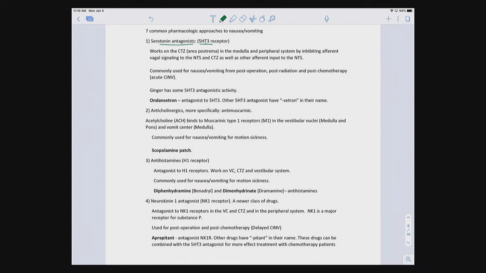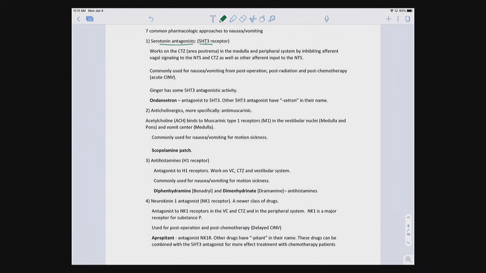So if we're talking about a serotonin antagonist to the 5-HT3 receptor, I think we have an understanding of what an antagonist is. An antagonist molecule is going to bind to the receptor but not have the normal biological effect that a normal molecule would have binding to the receptor.